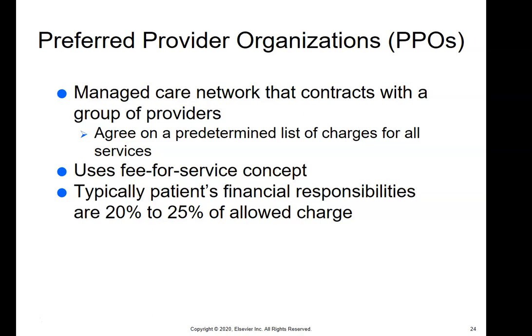PPOs provide their subscribers with a list of participating providers and healthcare facilities from which they can access in-network healthcare at reduced PPO rates. Although patients have the option to visit a specialist when they feel they need to, they are still required to obtain a pre-authorization for more expensive services, such as diagnostic imaging.